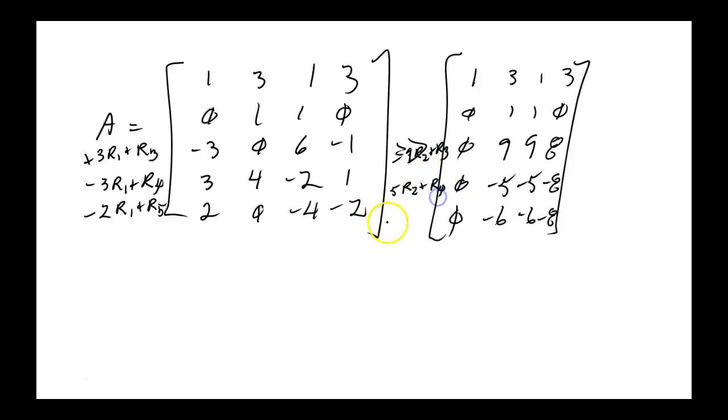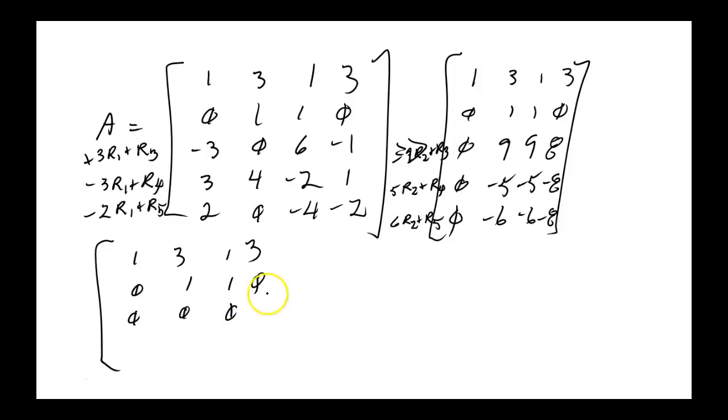Negative 9. Then 1, 3, 1, 3, 0, 1, 1, 0, 0, 0, 0, 8. Yes, that's negative 8, and then the same thing below.